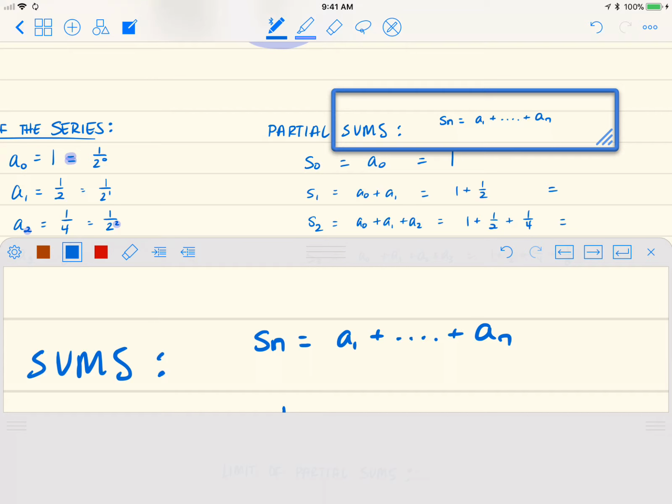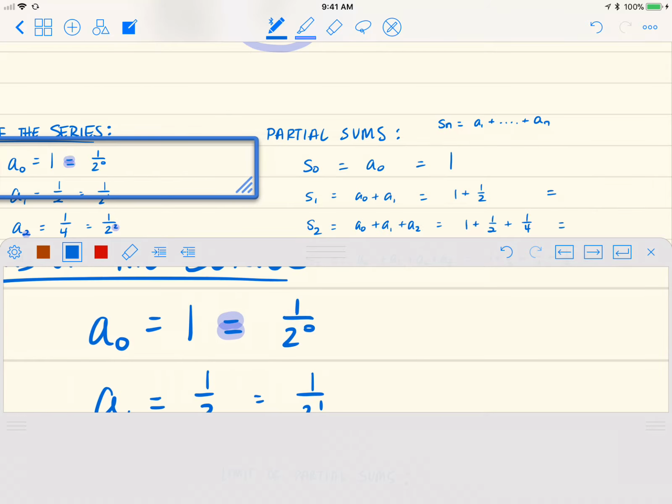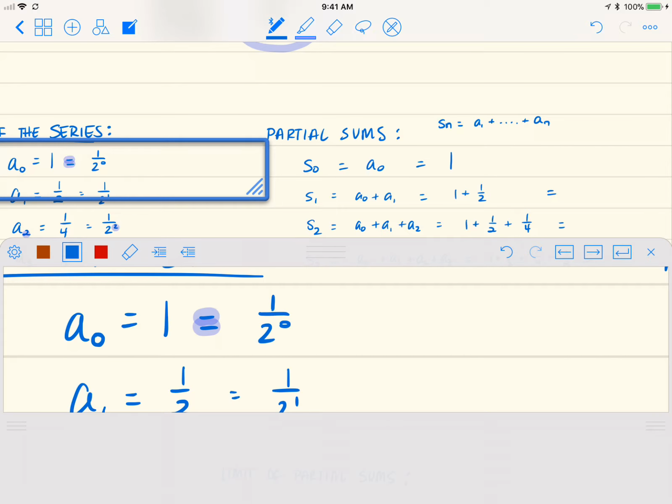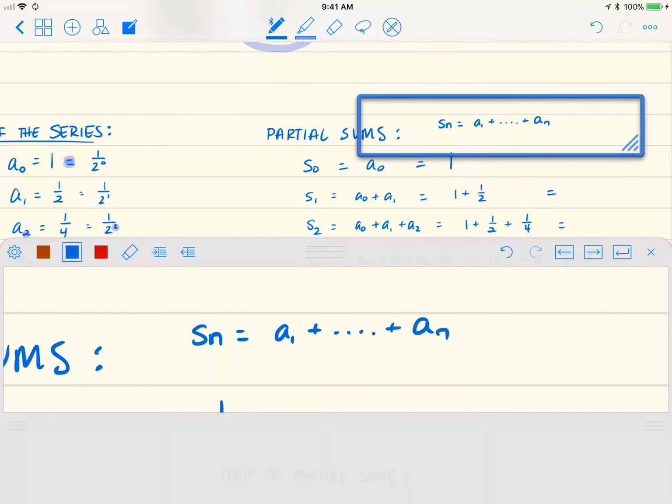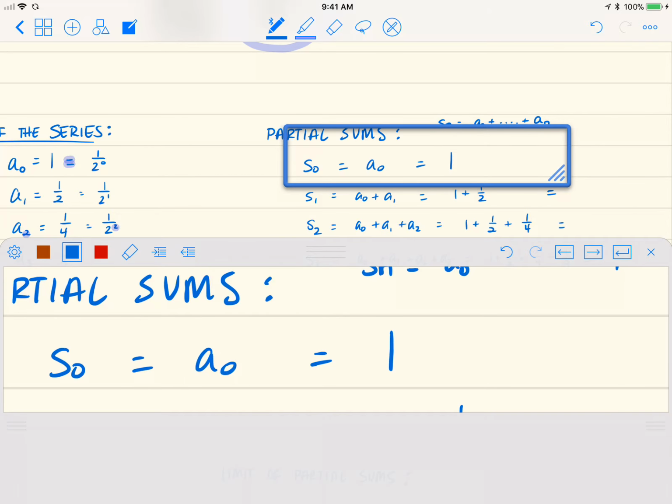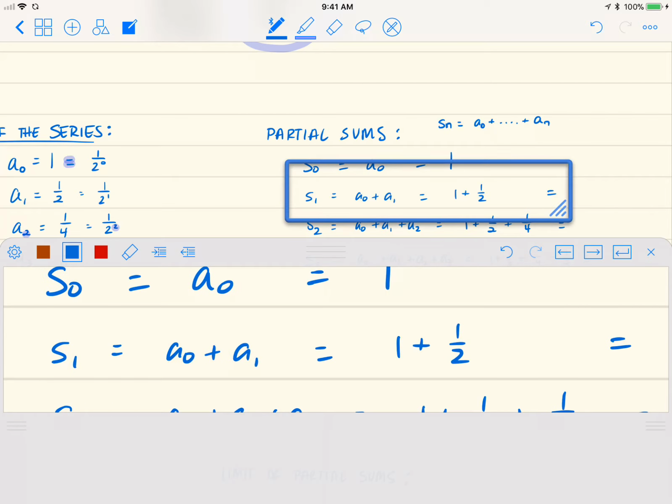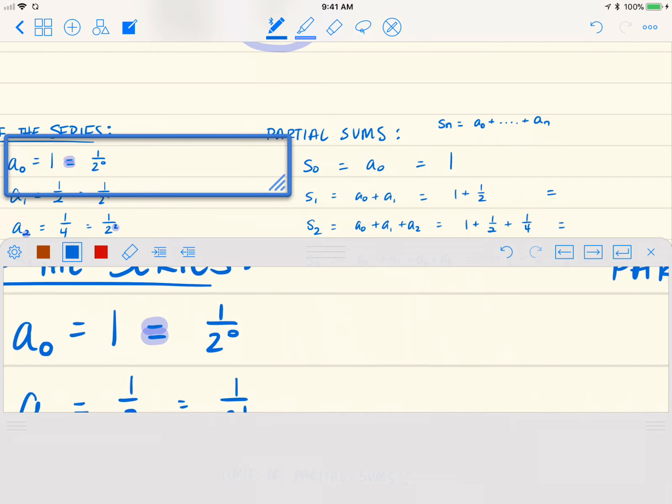But now notice, because our terms are starting at n equals 0, we have to adjust our definition. So here, Sn starts counting at a sub naught, or a sub 0. So S naught, our first partial sum, is just going to be a naught, which is 1. Our second partial sum, which is S1, is going to be a naught plus a1, which is 1 plus 1/2.